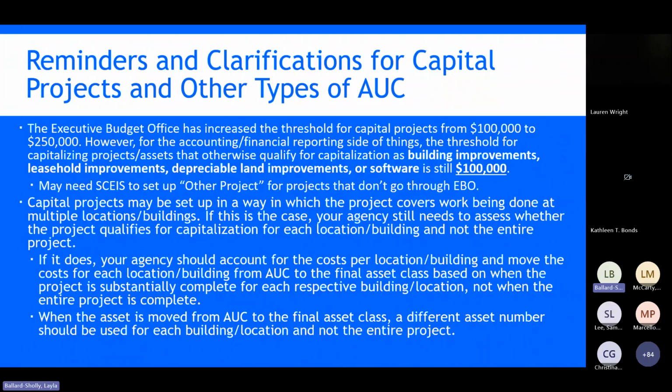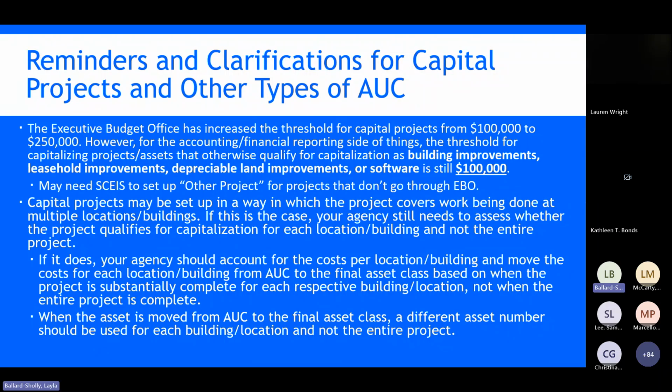We had a few reminders and clarifications I think people were confused about for capital projects, and you might have other types of projects that are AUC that maybe aren't necessarily labeled capital projects, like from an executive budget office perspective. So the first thing is, I believe it was last year, or maybe it was this year, they all roll together at this point.